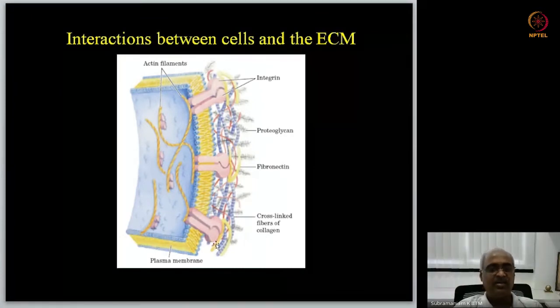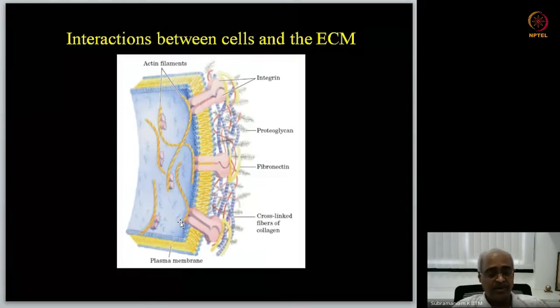And these are all cross-linked because you have multiple functional groups available for such interactions. All these multiple interactions of really large molecules make mesh-like structures, and that is what our extracellular environment is. And that is very critical for the function of the cell.